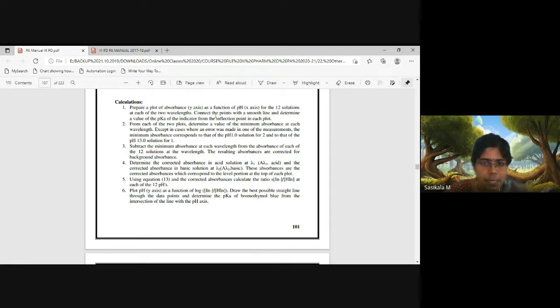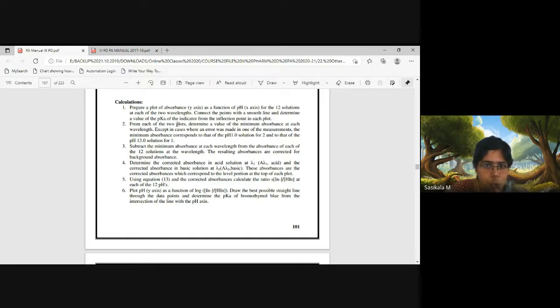That value lies on the x-axis, which is the pH value. The pH at which the intersection of both the curves is obtained is called the pKa value. I will show from the old record how they have attained it.